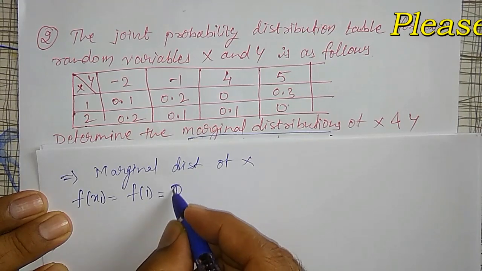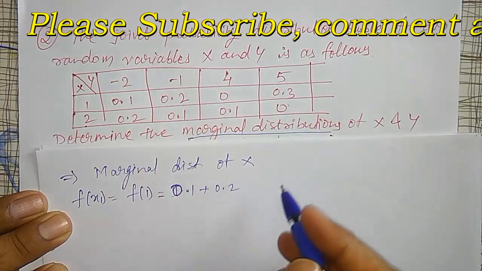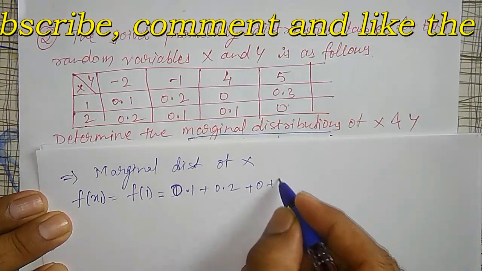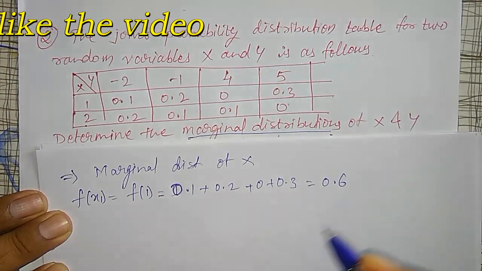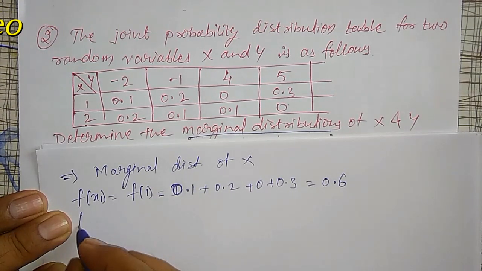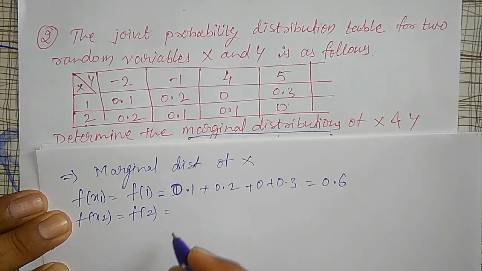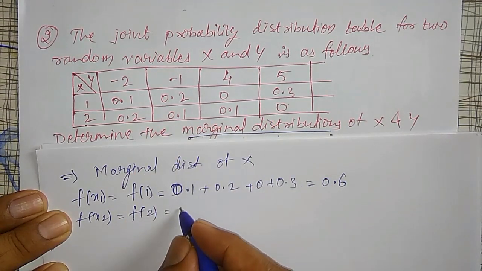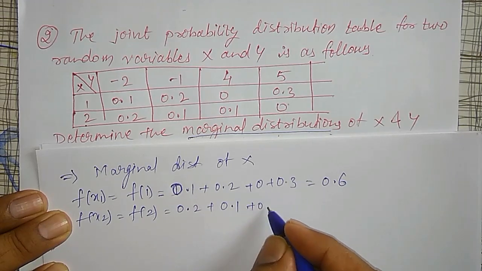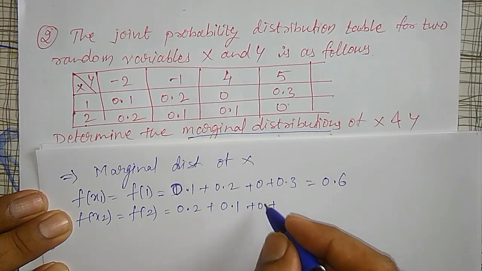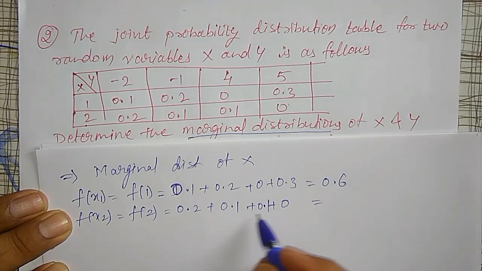Directly I will write 0.1 plus 0.2 row value addition, 0.2 plus 0 plus 0.3, which is equal to 0.6 I am going to get. Like that, f of x2, that is f of 2, second row additions, 0.2 plus 0.1 plus 0 plus 0.1 plus 0, which is also equal to 0.4.